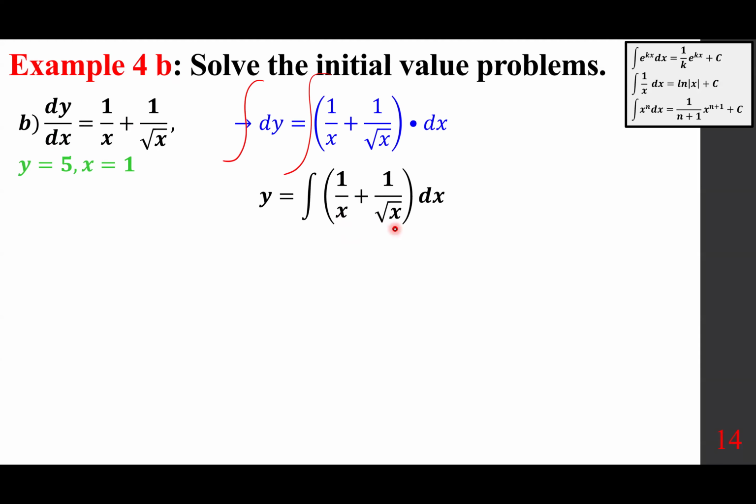This is fine. We are going to change this to x to the power of positive 1/2, bring it up, negative 1/2, to get it ready for the power rule. Starting with the first one, the integral of 1 over x is simply natural log of absolute value of x. This one, we are going to use the power rule. 1 over negative 1/2 plus 1, x to the power of negative 1/2 plus 1, and a constant.